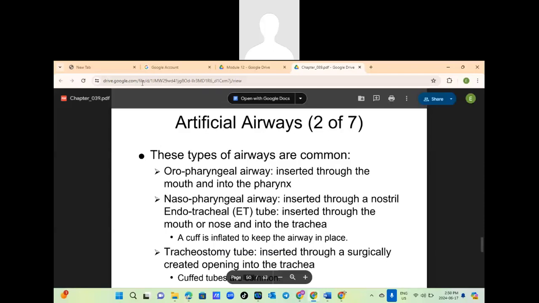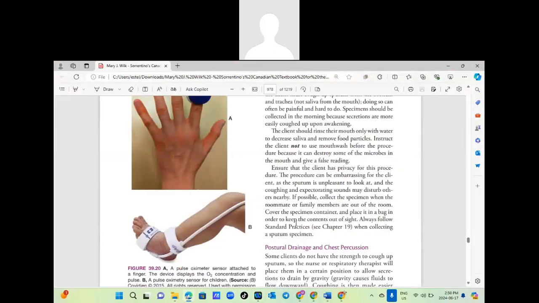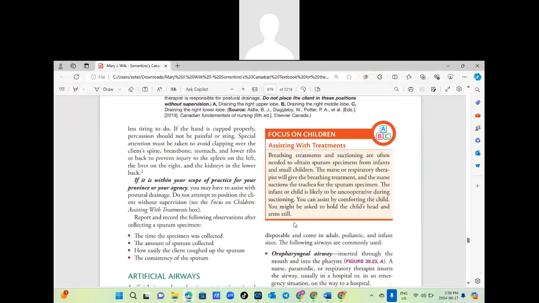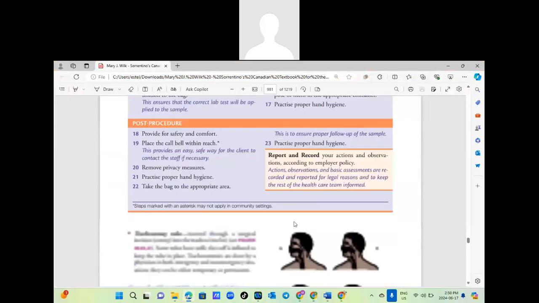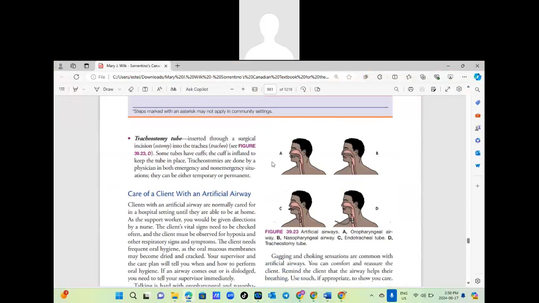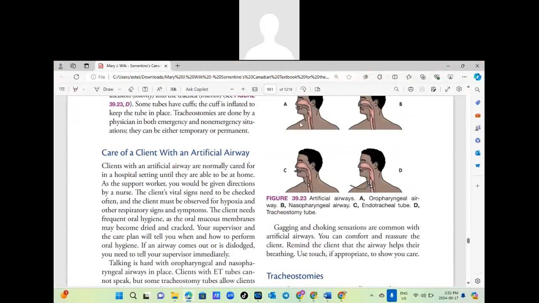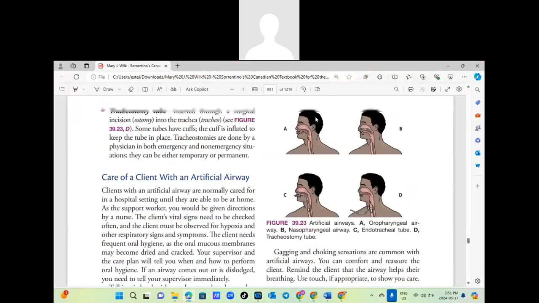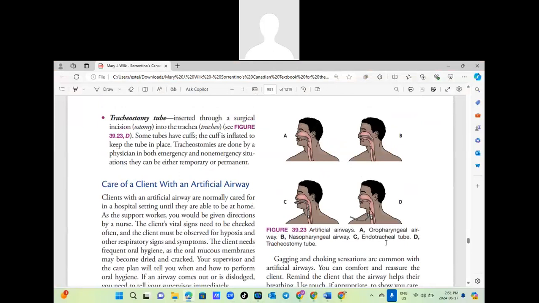Cuffed tubes are common. So let's see over here in page, where is this? 949. Let me see, 949. So these are the artificial airways. Over here, picture A is the, oh, I hope you can see. Maybe it's too big. Okay. So A is the oropharyngeal airway, inserted through the mouth, right?